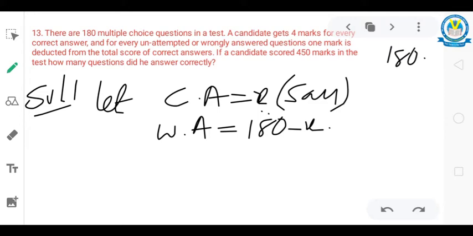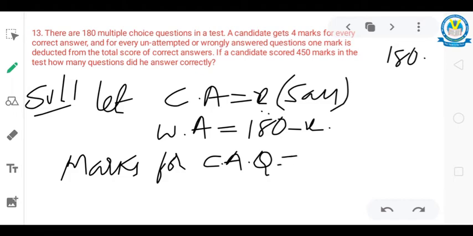Now moving to the marks. Marks for correct answer questions: how many questions? x questions. Each question carries 4 marks. So x into 4, 4x.